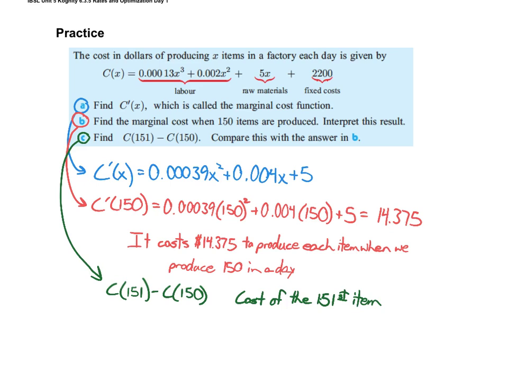What do we get when we plug in 151 into our original function? 3,448.18. We can round to the penny, so 3,448.19. And the 150th item?